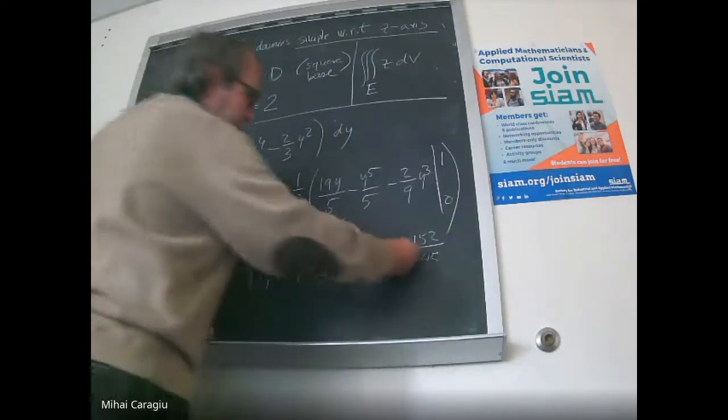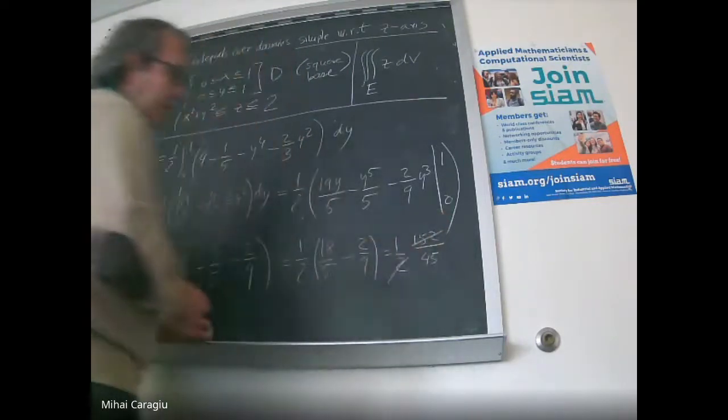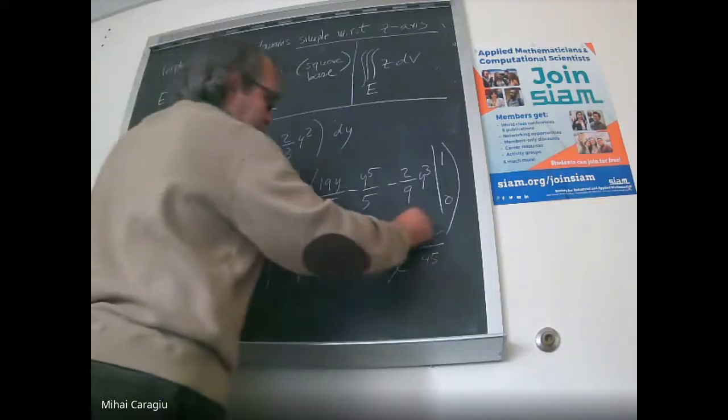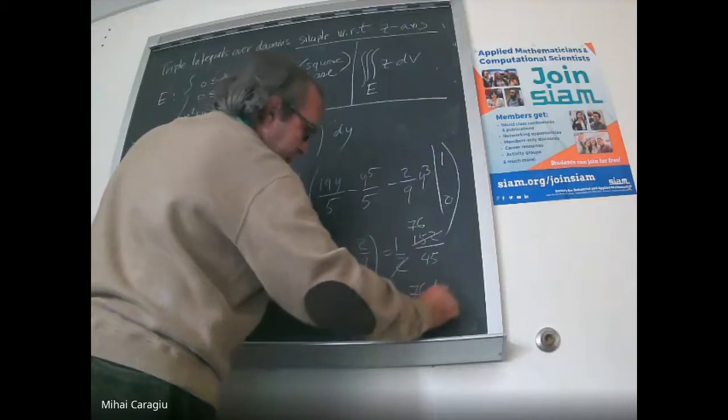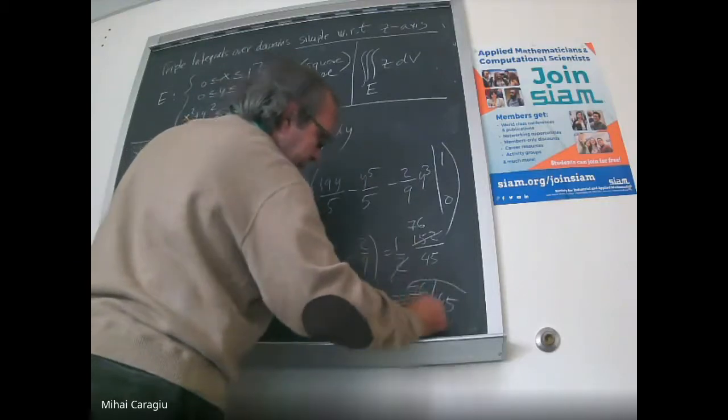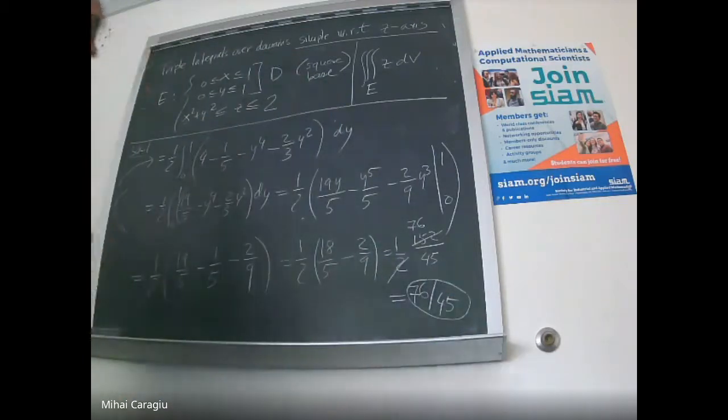Then we simplify by 2, 152 gives 76, and the final result will be 76 over 45. So that's how we do triple integrals over domains that are simple with respect to one of the coordinates.